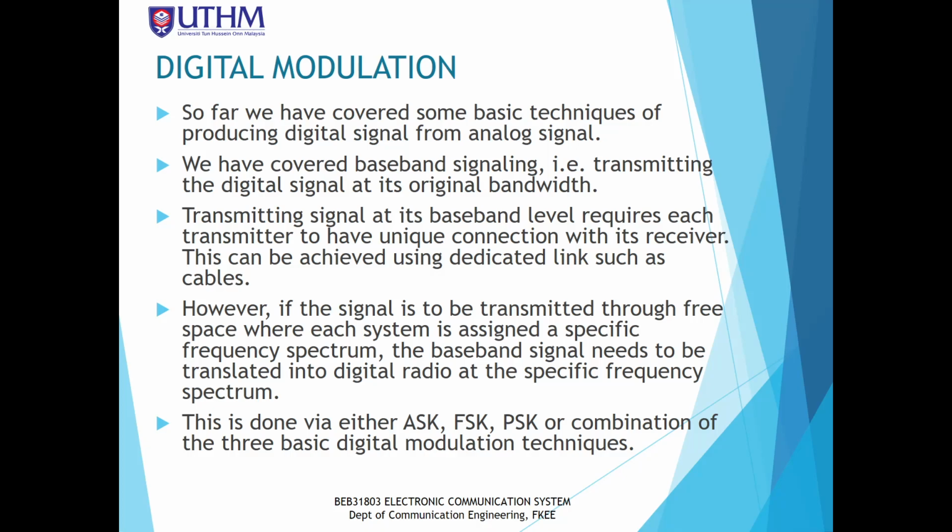If you want to transmit a signal in free space as an electromagnetic waveform, what we need is a carrier. Therefore, we need to modulate our digital data with the analog RF carrier.